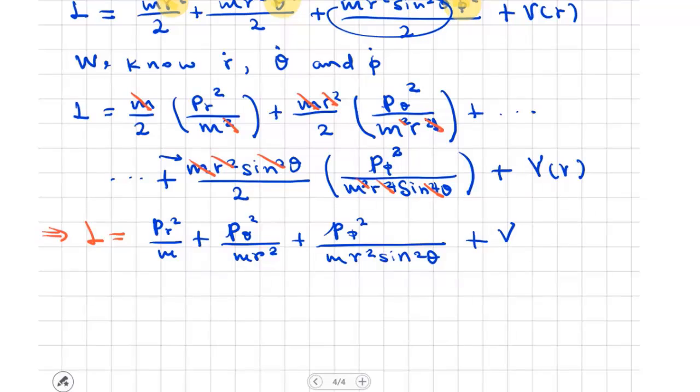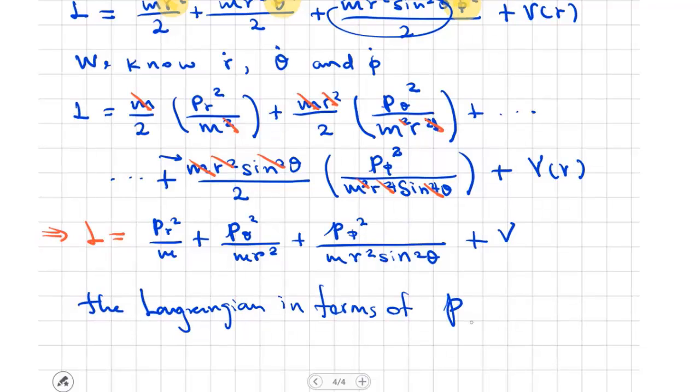Okay, so this is the Lagrangian, in terms of the momenta p_r, p_theta, and p_phi.